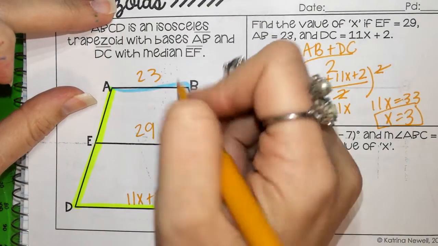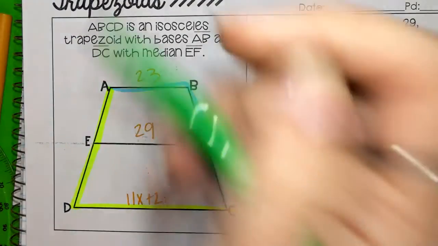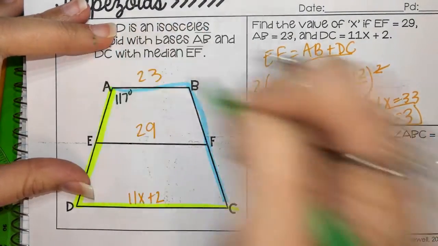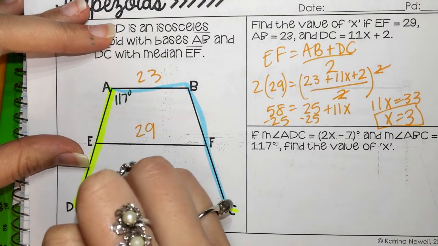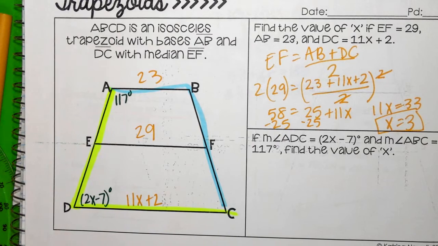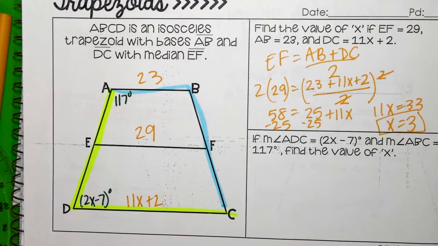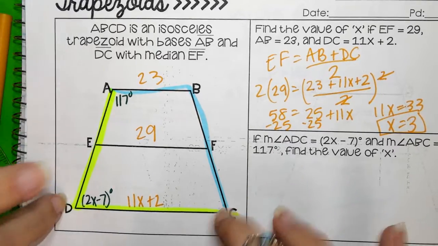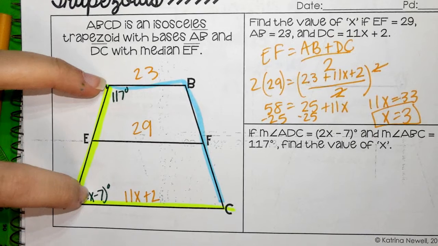So that means that if this is 117, what's this one going to be? 117. And it tells us that this angle is 2x minus 7 degrees. Now, are these consecutive or are they base angles? Consecutive. These are consecutive.